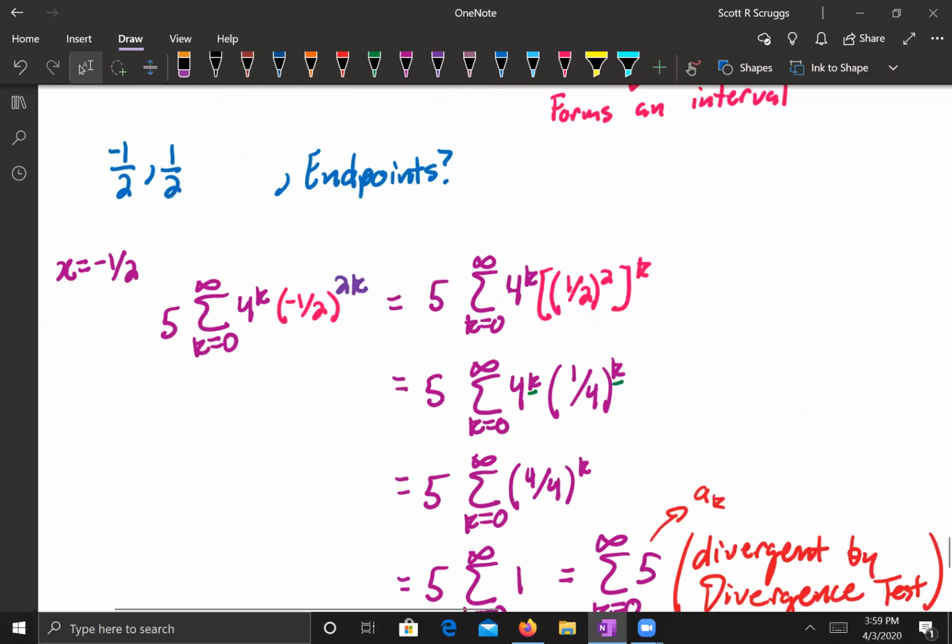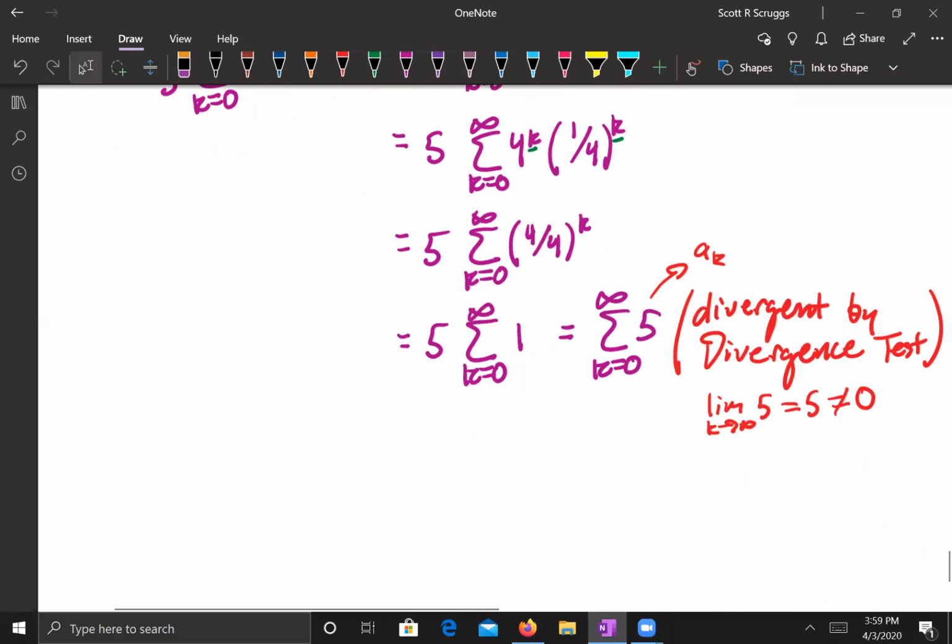All right, so that means for the left endpoint, I'm not including it in my interval. Now let's check and see what's going to happen if I plug in the right endpoint.